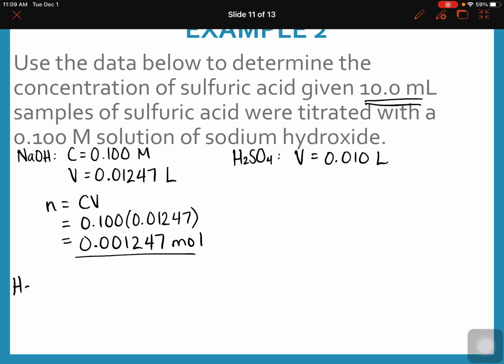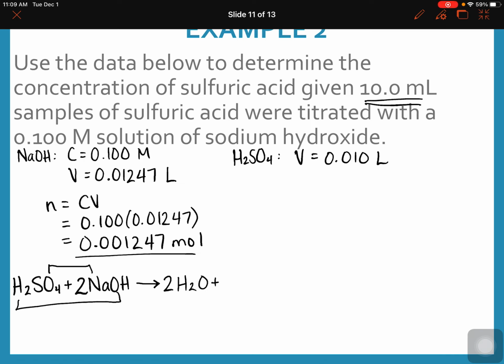So my balanced equation then: sodium is going to pair with sulfate and hydrogen pairs with hydroxide. So I have two hydrogens. One hydrogen will pair with a hydroxide to make water. And that means I have a second hydrogen, so I'm going to need a second hydroxide. So that's going to produce two waters there then.